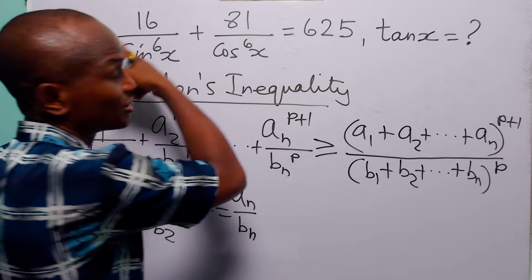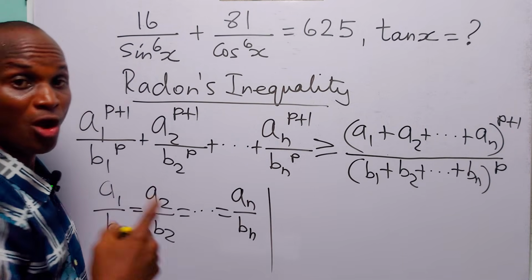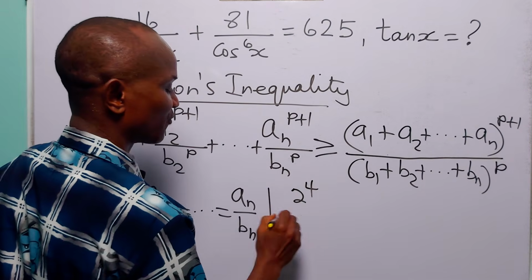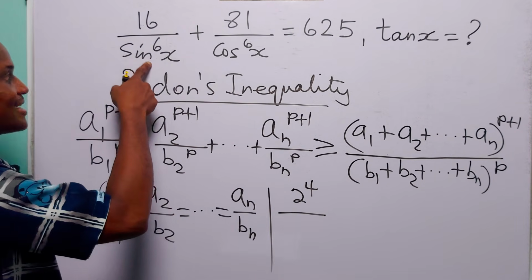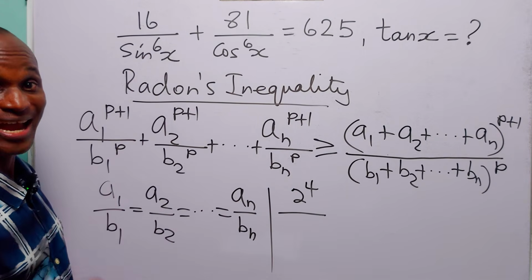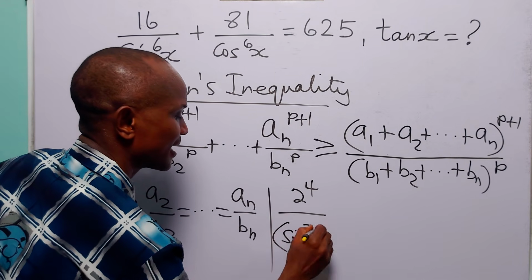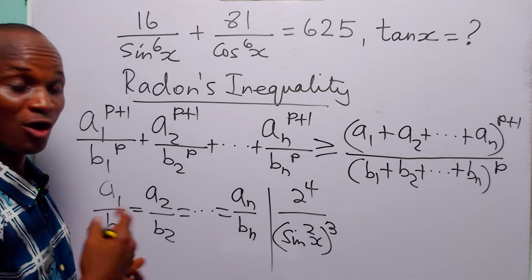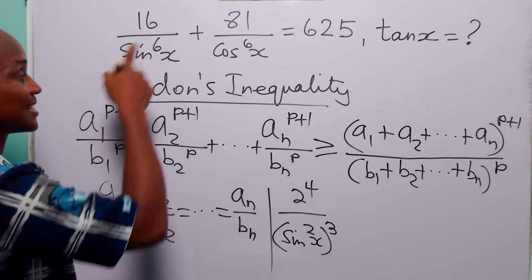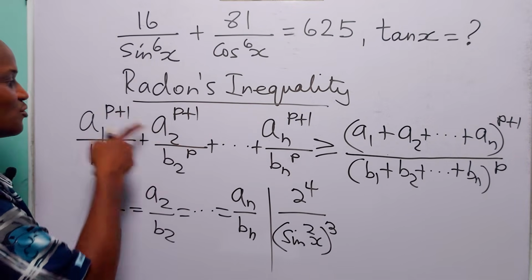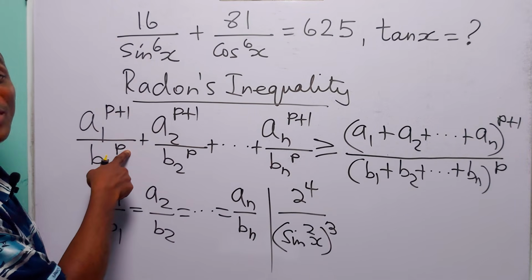Now, let us look at the equation we were given. Of course, you know that we can write 16 as 2 to the power 4. And we can write sine to the sixth power of x as sin squared x raised to power 3. Of course, 3 times 2 is equal to 6. And notice that the difference between these two powers, here we have p plus 1 and here we have p.